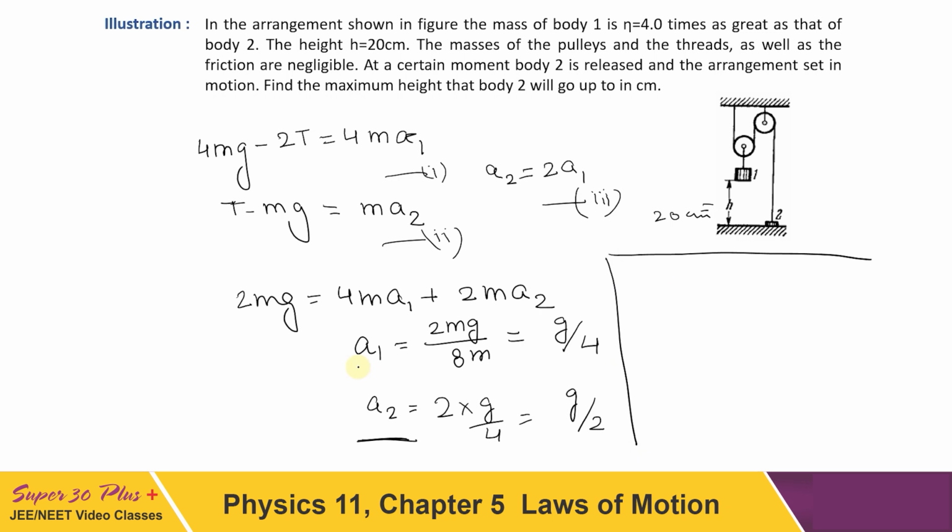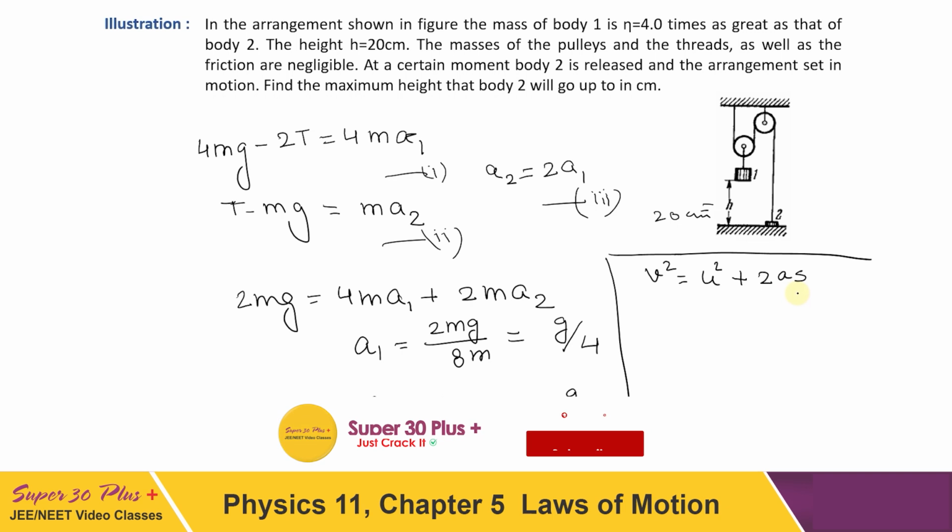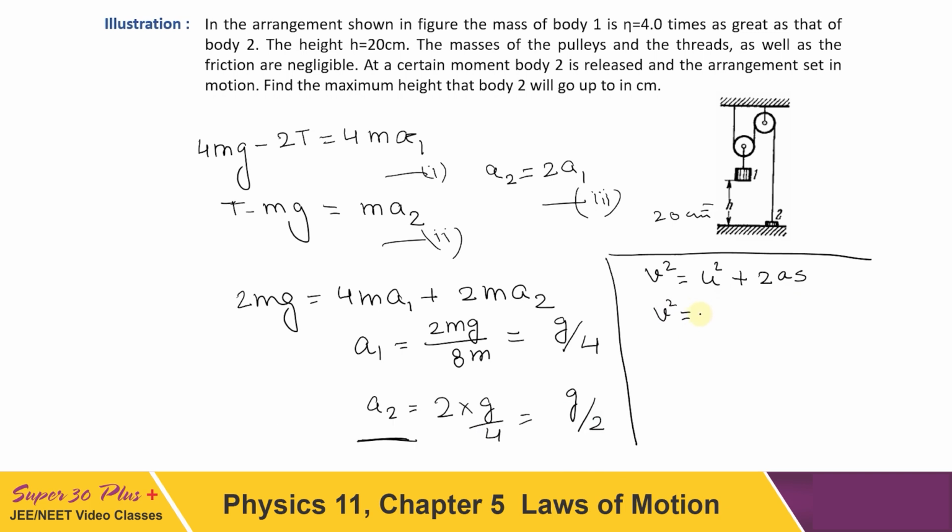So then we can write v square is equal to u square plus 2as for the second body. This s has to be equal to 0.4. So it will reduce to v square equal to, u can be taken as 0 because it started with 0 velocity when released, then 2 times the acceleration of 2, that is a2, which is g upon 2, multiplied with s, that is 0.4.